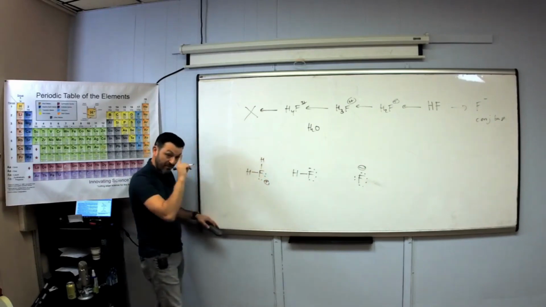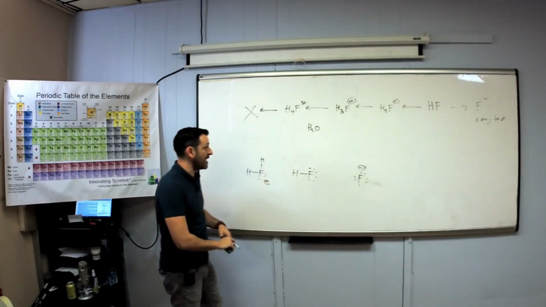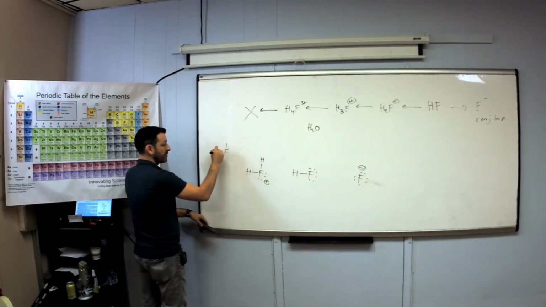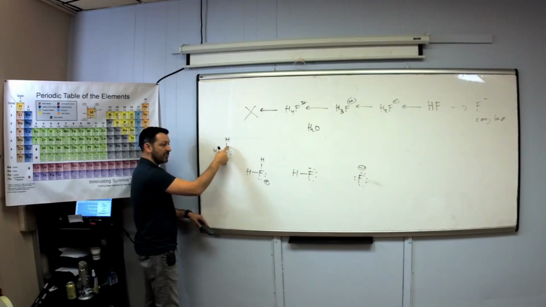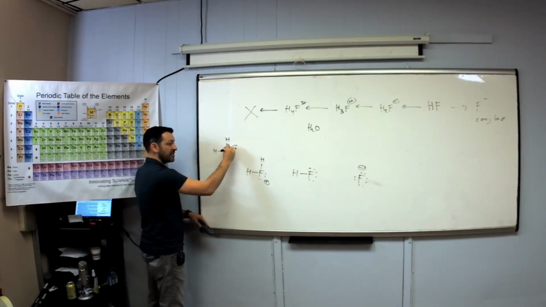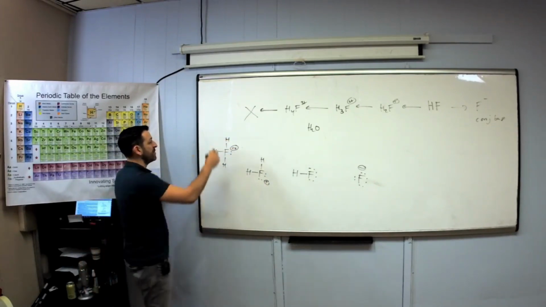And the plus is just a formal charge. That's H2F plus. What's H3F2 plus? F is in the 7th column, minus 1, 2, 3, 4, 5. 7 minus 5 is plus 2. What's H4F3 plus?